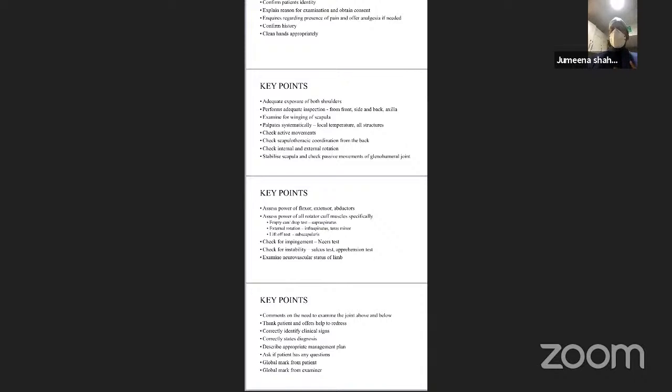And ask if the patient has any questions. So how much mark will you give for this, for your examiner? How much mark will you, as a patient, give for this exam, out of 10? The mark will be based on how she approached you, what all things she explained to you, how she examined you.